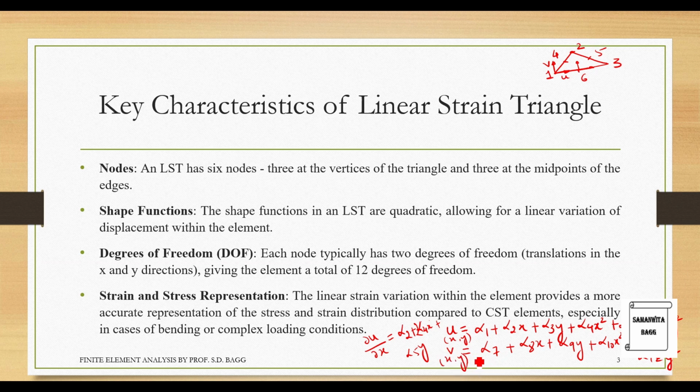Similarly, you can calculate dou v by dou y. So that's how you calculate the strain value, and you will see that it is a linear variation of strain. If you substitute x and y, you will get the value of dou u by dou x, given the values of alpha 2, alpha 4 and alpha 5. It's a linear variation because if you change x and y, you will get different values of strain over here.